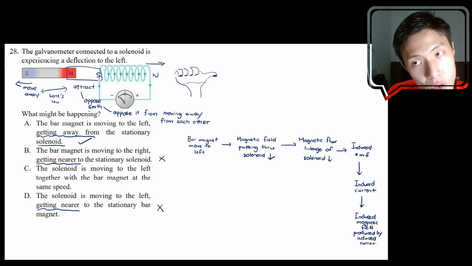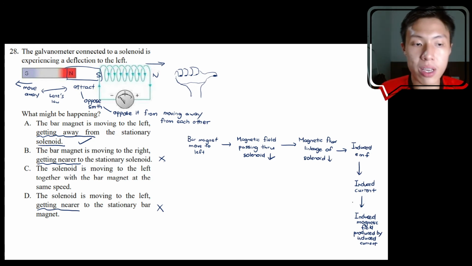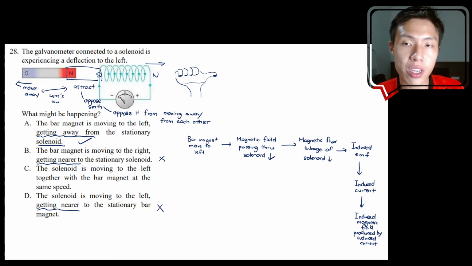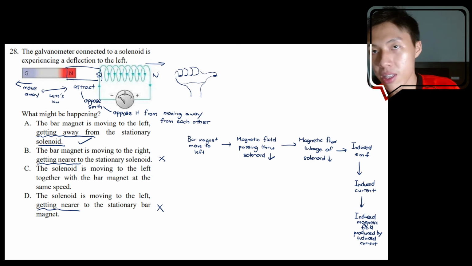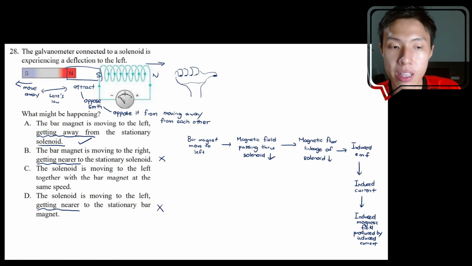Okay, so the bar magnet will interact with the magnetic field produced by the solenoid. The solenoid will interact with the magnetic field created by the bar magnet. Therefore, they will exert a magnetic force on each other.